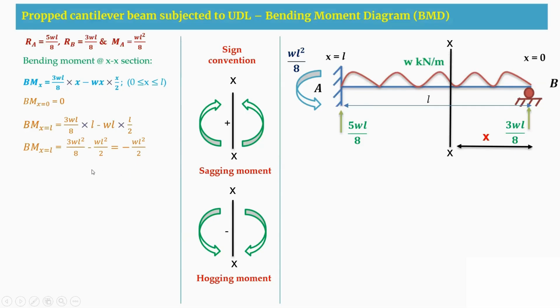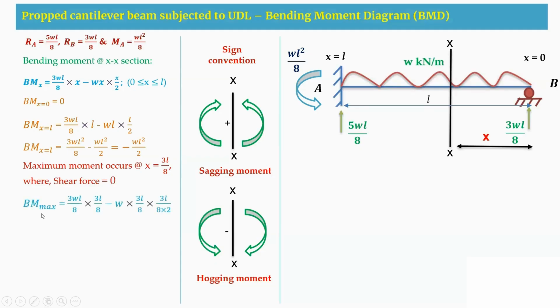In the previous slide, we got the shear force to be 0 at X is equal to 3L by 8. Where the shear force is 0, there you are going to get maximum moment. Therefore, substituting X is equal to 3L by 8 in this BMX equation, bending moment maximum will be equal to 9WL square by 128.